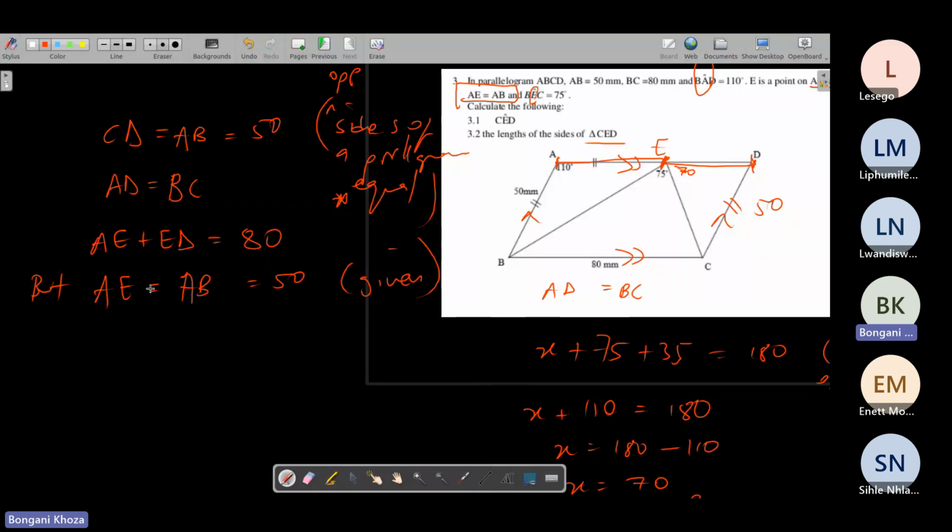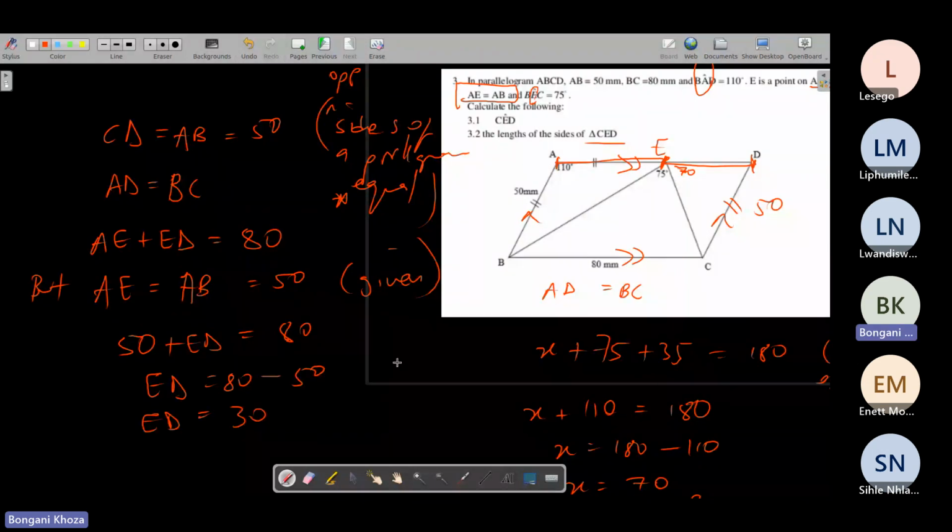And then from here, for this statement, we now have 50 plus ED equals 80. That means our ED will be 80 minus 50. Our ED will be 30. So that means this part is 30 millimeters, like that. So let's put millimeters across. So we now have those two sides.